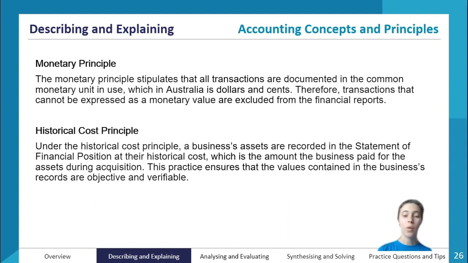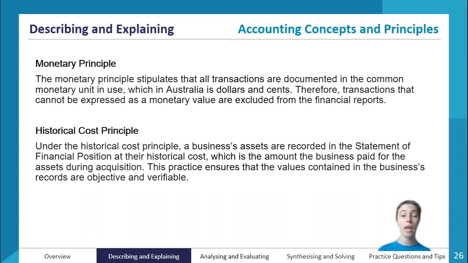So they don't want the business to sort of make up values to skew the look of the financial statement. They don't want the business to show that their assets are far more valuable than they really are, because that would then misinform people who would then need to use those financial statements.